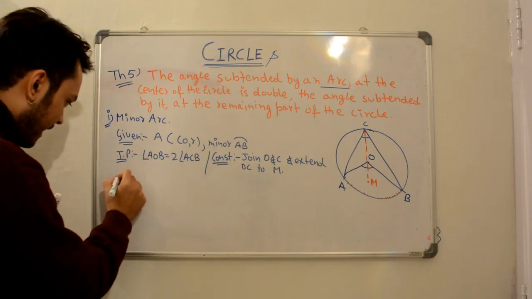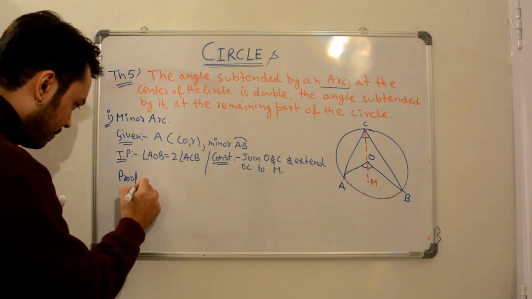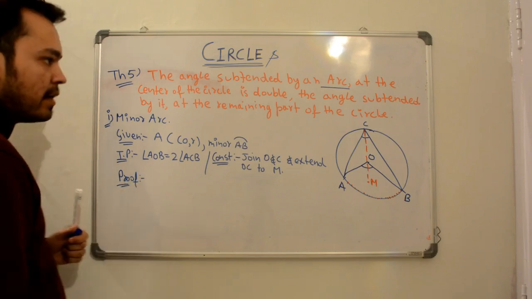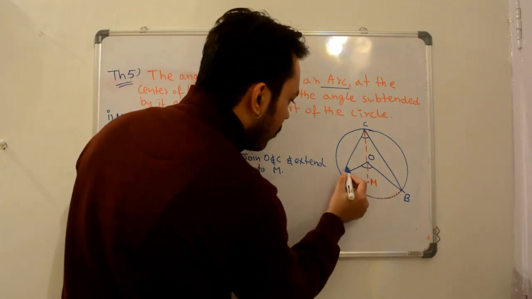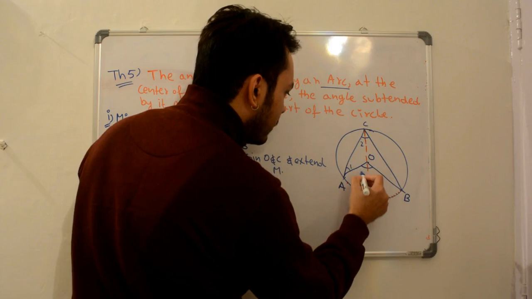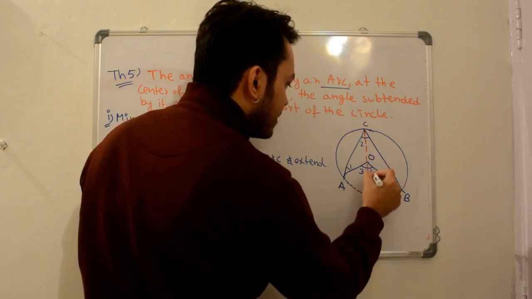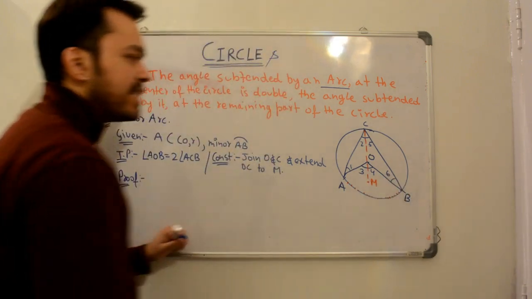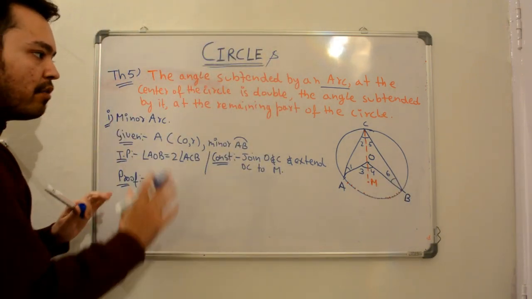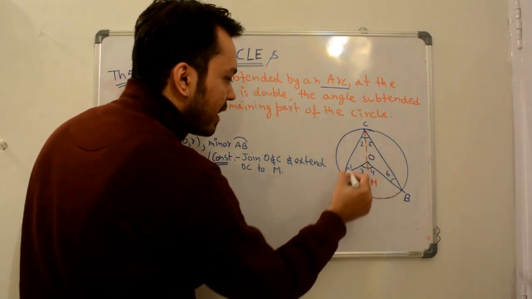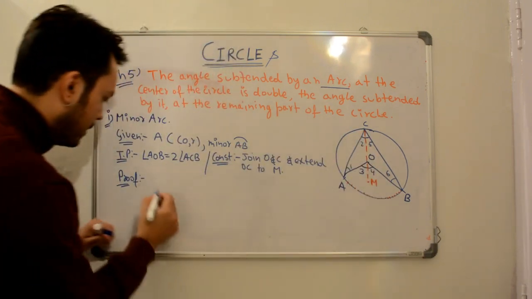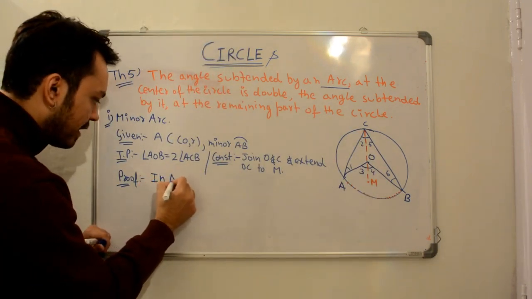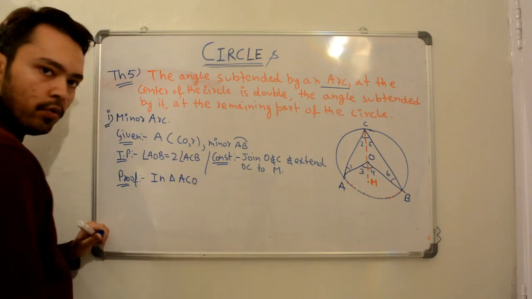Now we write the proof. First of all, let me number all the angles which will be important in proving this theorem, and let this be angle 6. Clear? Now first of all we'll be talking about this triangle ACO.